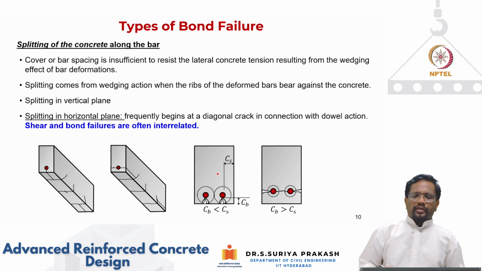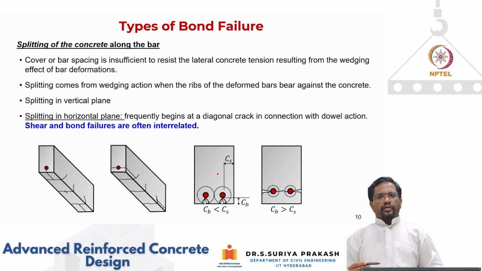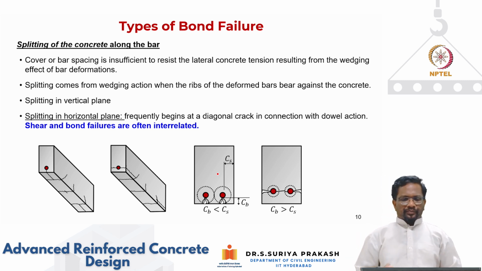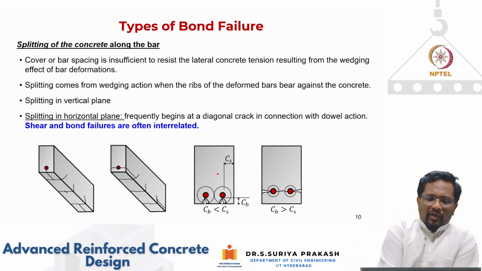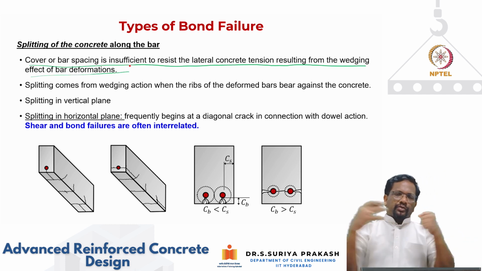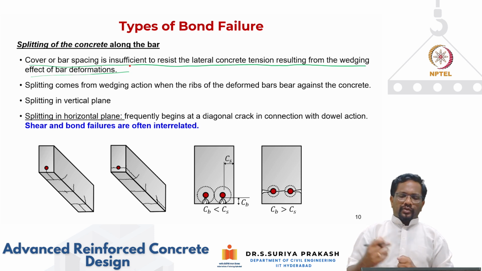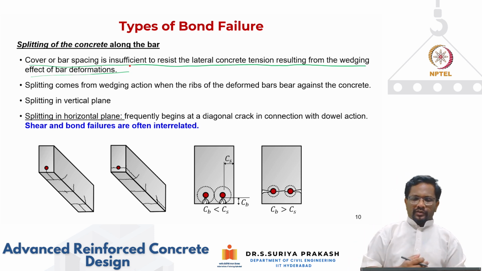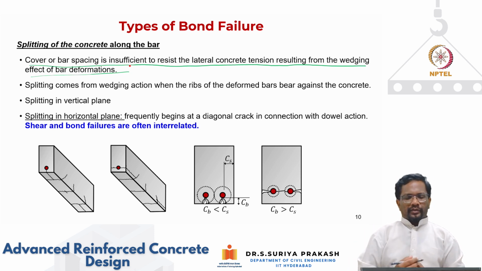Now let us look at the splitting of the concrete along the bar, when this is going to happen. When your cover or bar spacing is insufficient to resist lateral concrete tension resulting from the wedge effect of the bar deformation, that's what we talked about. The rib is going to act like a wedge, and it is going to create radial stresses that create lateral concrete tension.